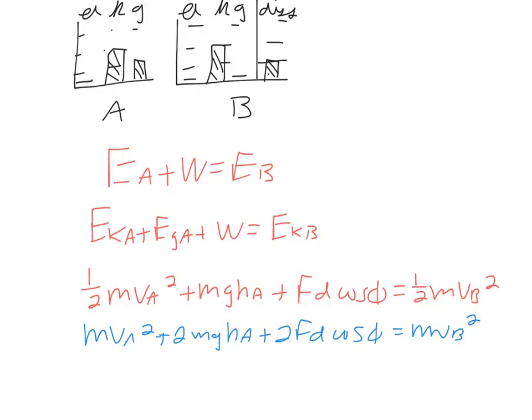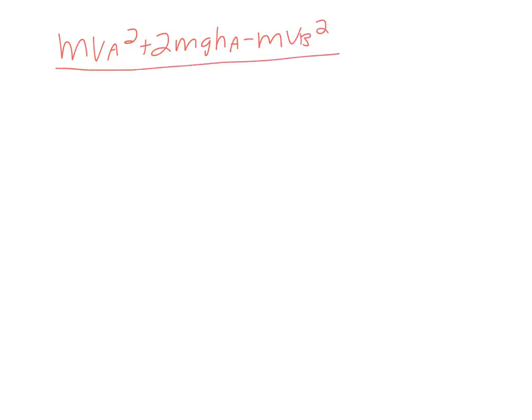Okay, getting this by itself, we'll have m VA squared plus 2mg height A minus m VB squared over negative 2F cosine phi equals D. So all I was doing was the algebra.